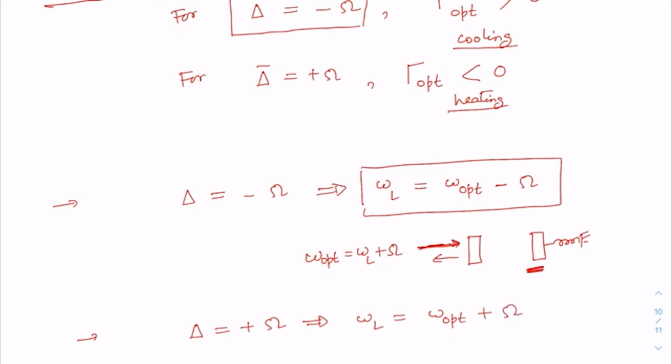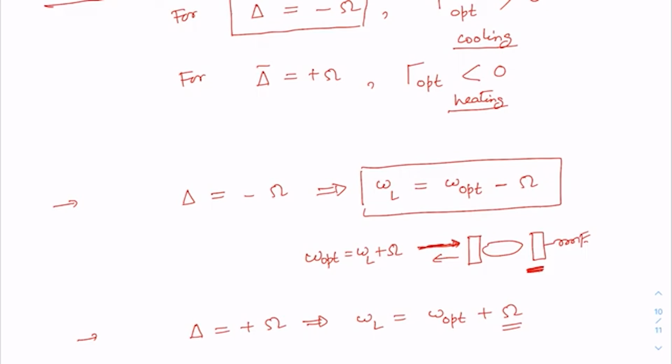That means if the resonance condition has to be satisfied, the laser light that is impinging on the front mirror has to dump this extra energy to the cantilever. Then it will be able to enter into the cavity and circulating light will be there inside the cavity, and in the process the mechanical oscillator will get heated up and the phonon will become red shifted in frequency.